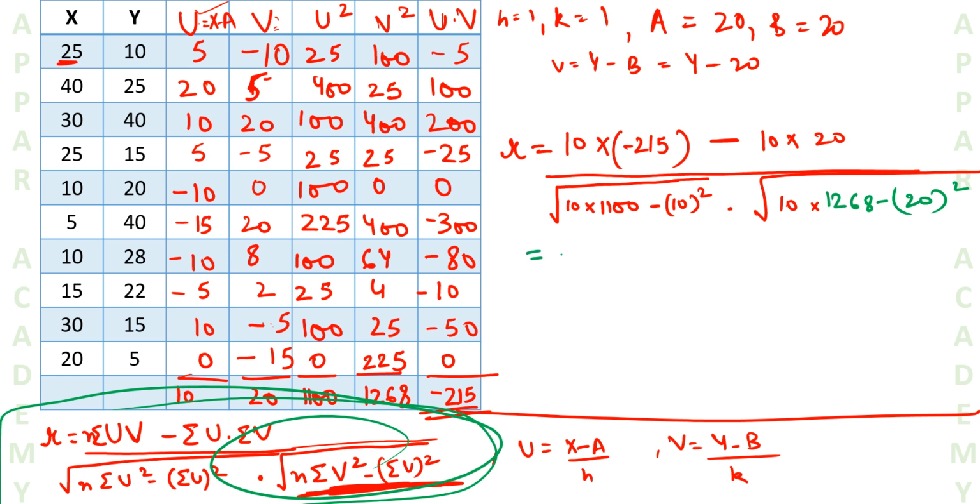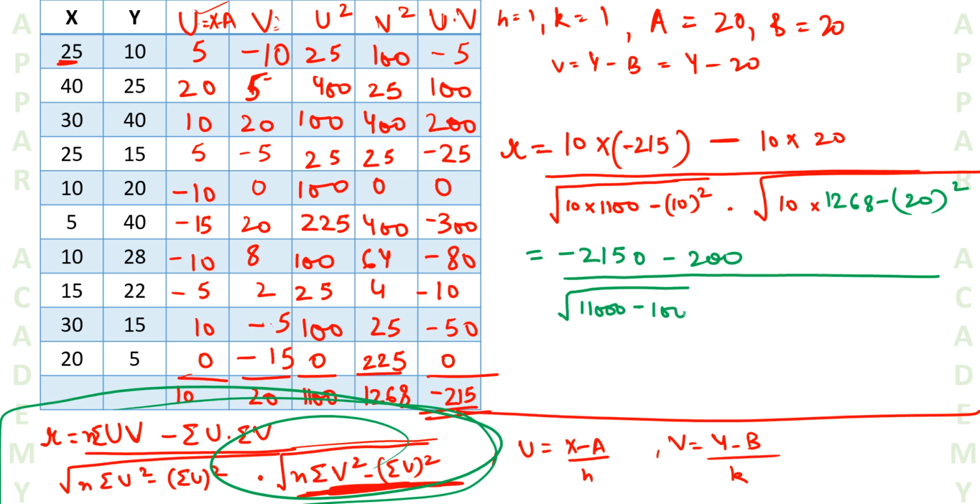Now this becomes minus 2150 minus 200. This upon, now 10 into 1100 is 11,000, square root of 11,000 minus 100.